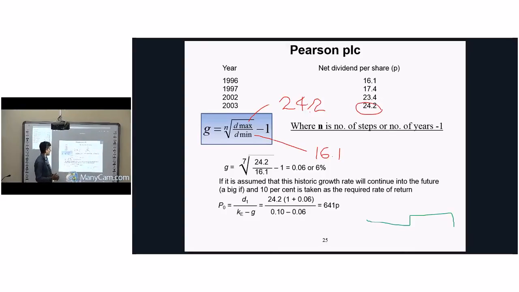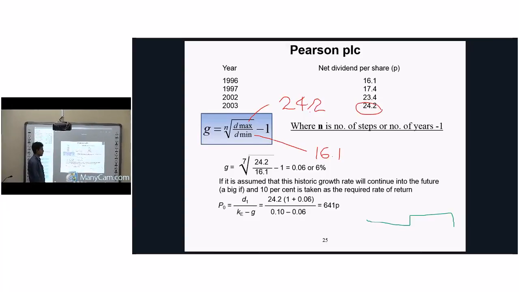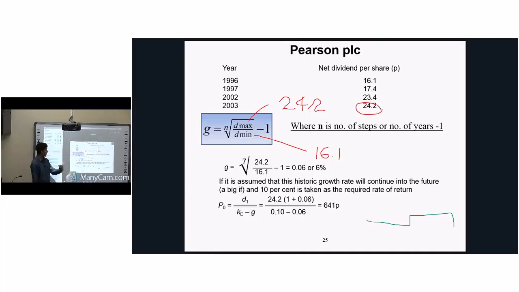How do we get 7 here? How do you get 7? Now this 7 can be calculated in two ways. One is, either you take the total number of years and minus 1, or you can find the number of steps. Okay, I'll explain this further. If you start 1996 to 1997, you have 1 year.